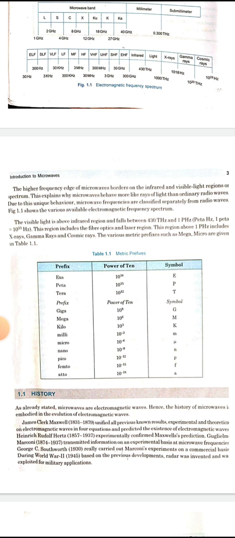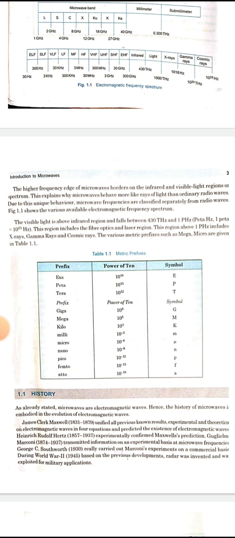For prefixes that have a negative power of 10, the symbol is a small letter. So for milli we have 10 raised to minus 3 with symbol small m.